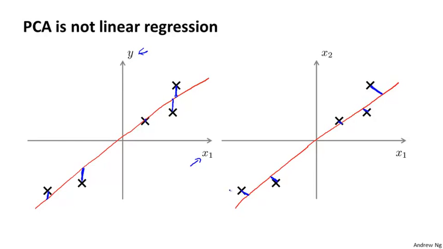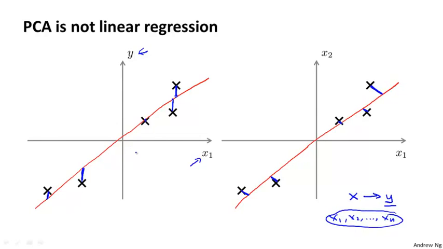More generally, when you're doing linear regression, there is this distinguished variable y that we're trying to predict. All that linear regression is about is taking all the values of x and trying to use that to predict y. Whereas in PCA, there is no special variable y that we're trying to predict, and instead we have a list of features, x1, x2, and so on up to xn, and all of these features are treated equally. So no one of them is special.